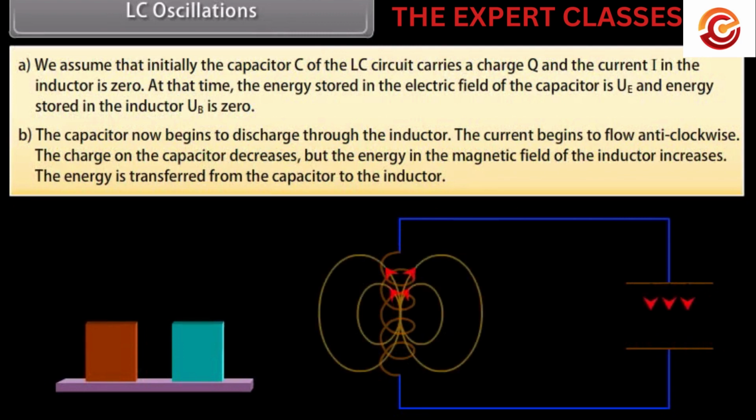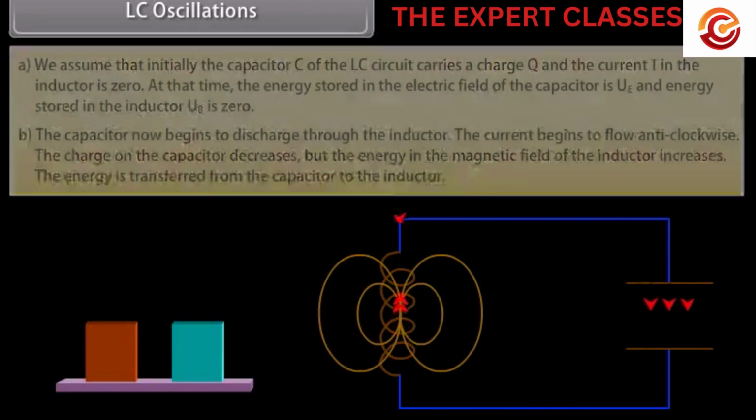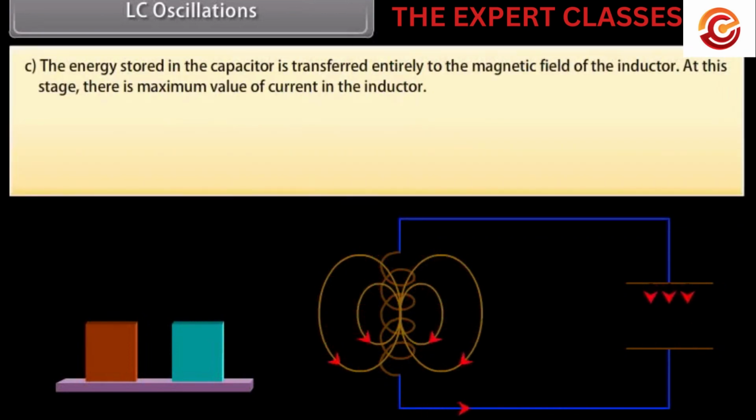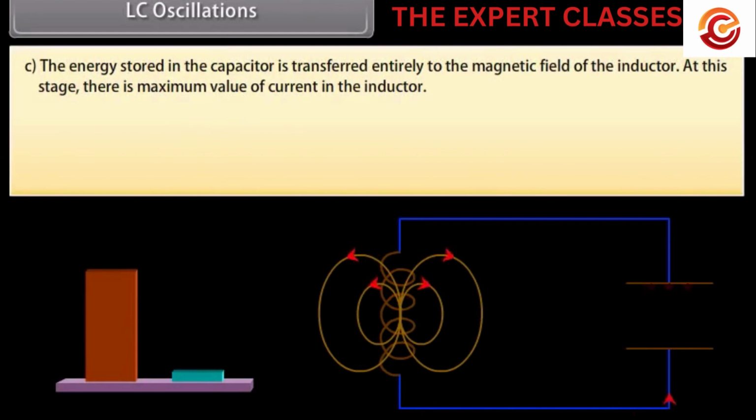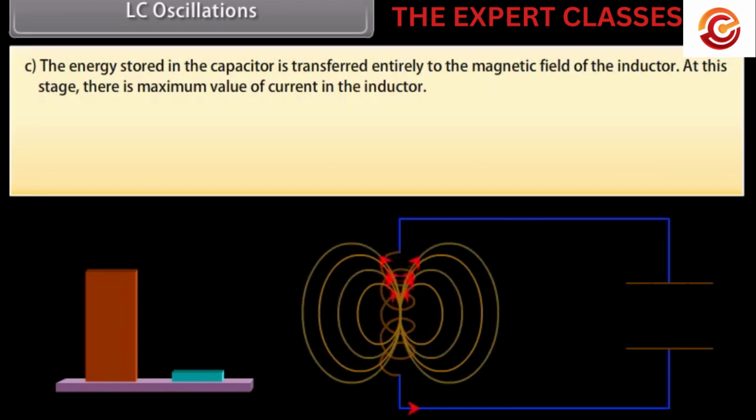The current begins to flow anti-clockwise. The charge on the capacitor decreases, but the energy in the magnetic field of the inductor increases. The energy is transferred from the capacitor to the inductor. The energy stored in the capacitor is transferred entirely to the magnetic field of the inductor. At this stage, there is maximum value of current in the inductor.